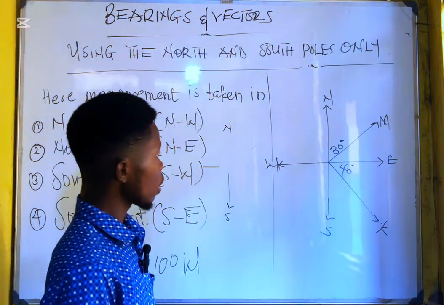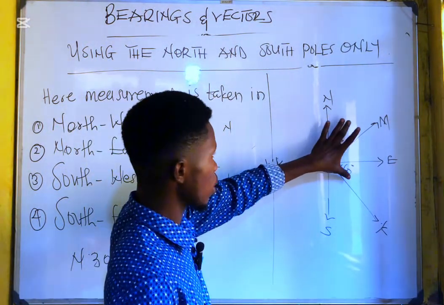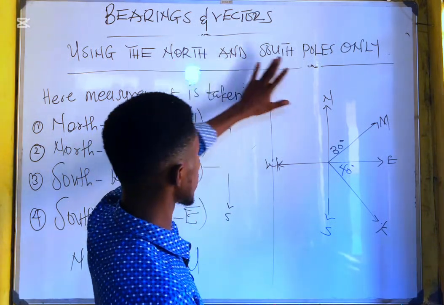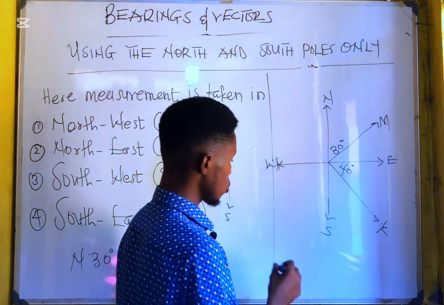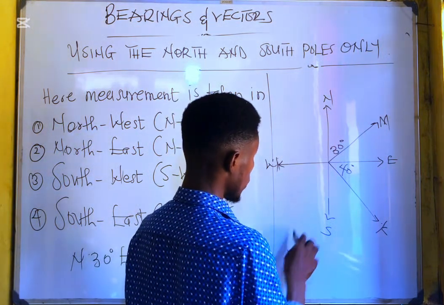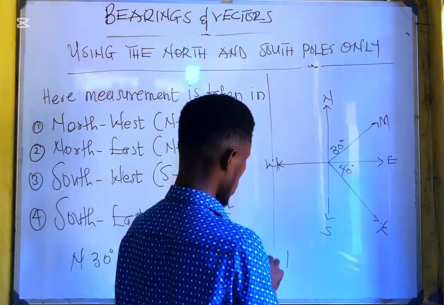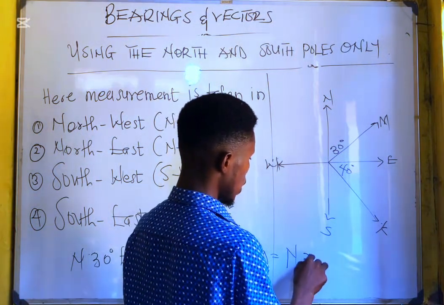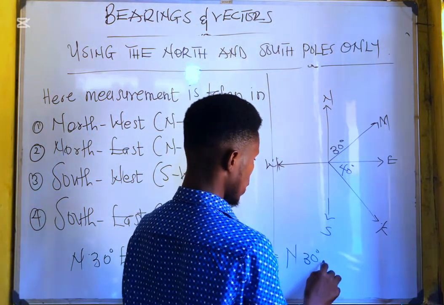Now, if I want to write this one in terms of the north and south pole only, or the compass bearing, this is how it's going to look. It's going to look like the first one. M will be equal to north 30 degrees east.